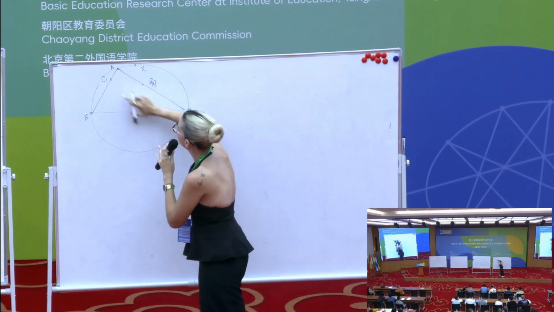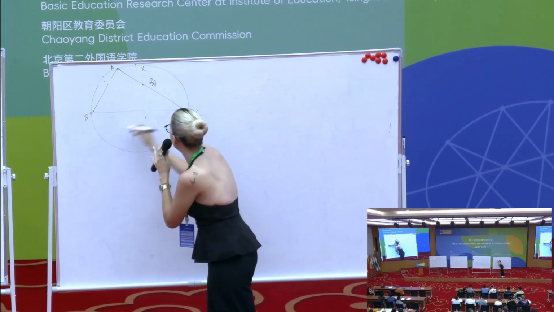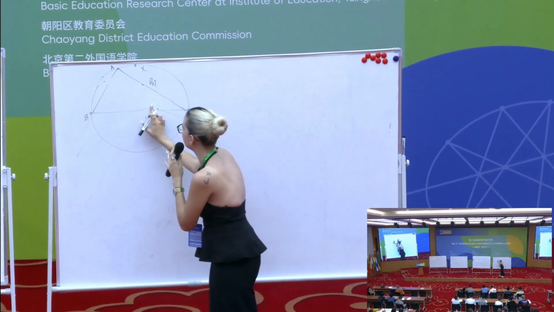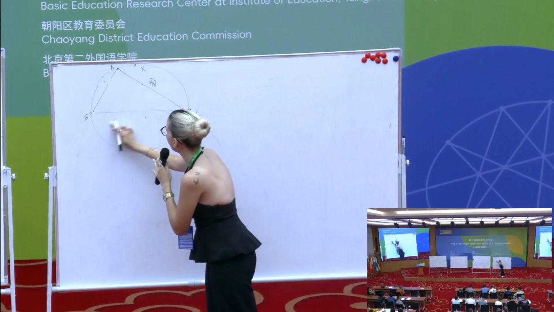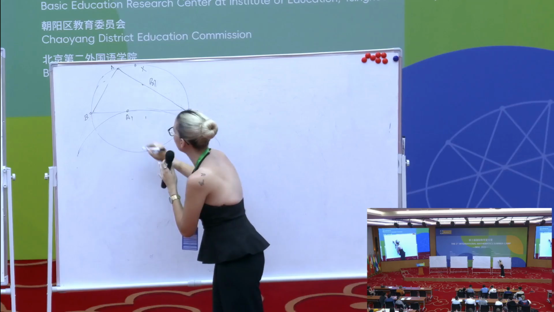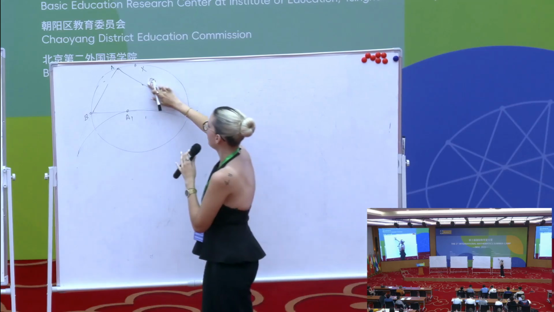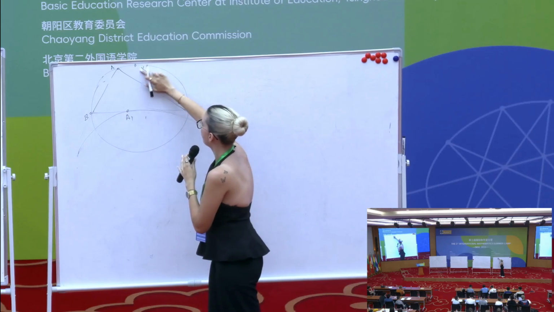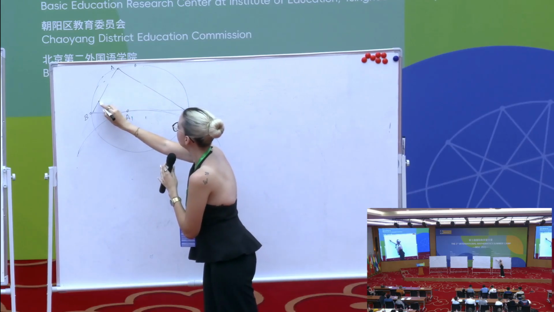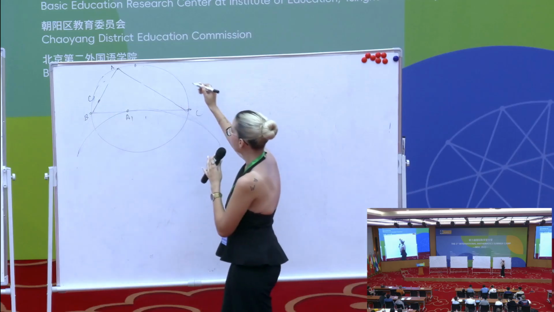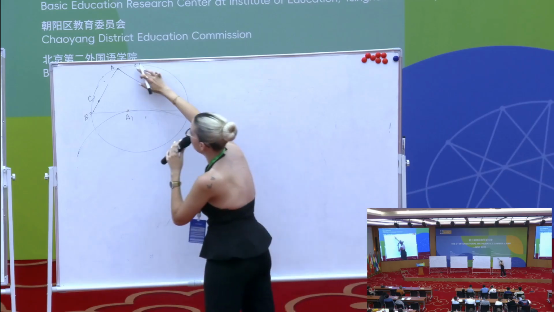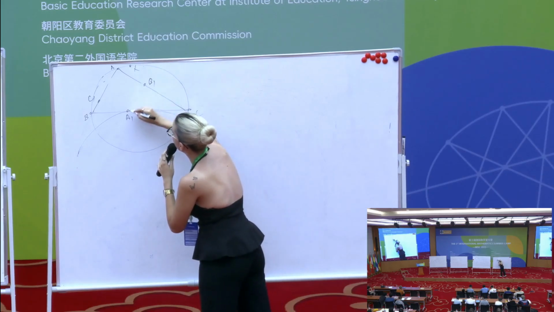Let's try to see how they're going to look, because I want you to actually see the angle change that we're going to make in the end. So let's say A1 is right here. And here you're going to put B1. Okay. And here is point X.